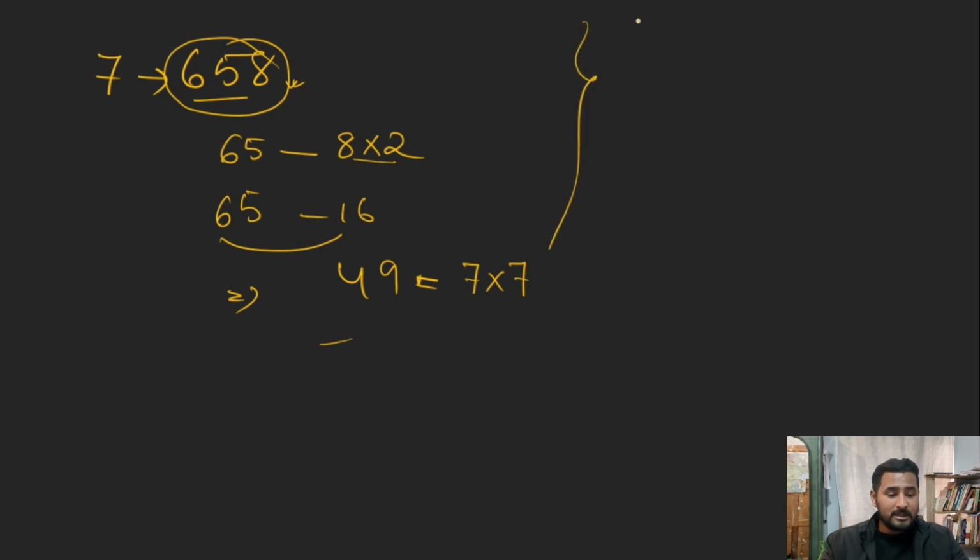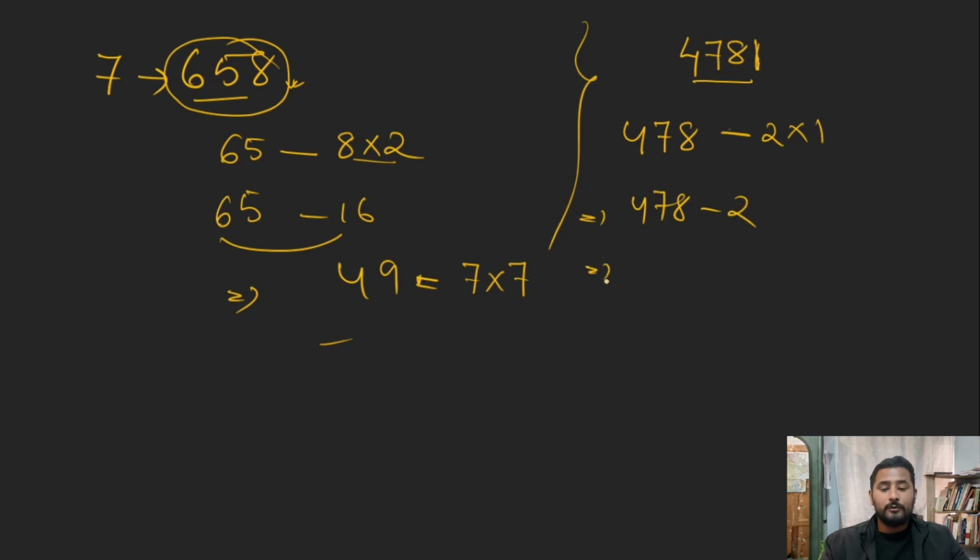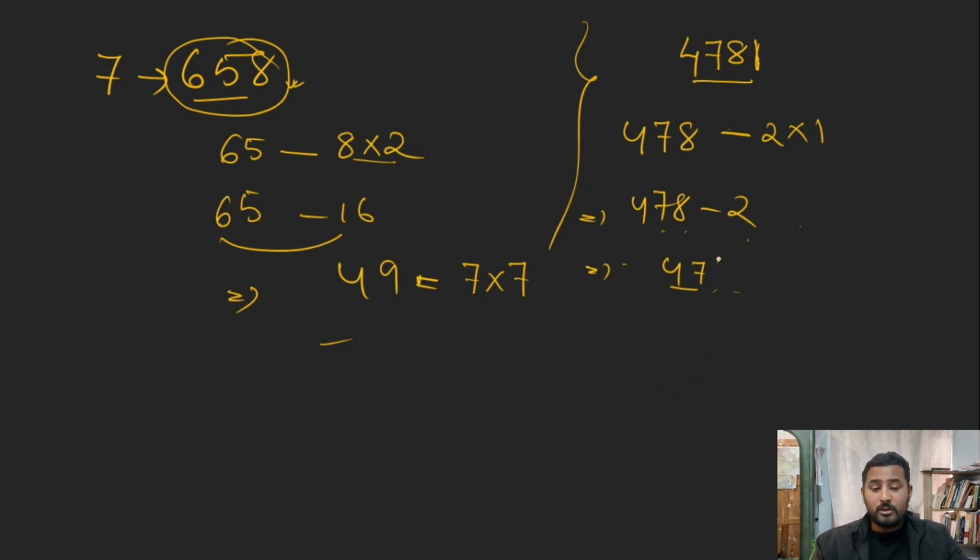Let's take one more example. Say I take 4781. Now what will we do? We leave only the last digit. The rest you write the same way, 478. Then you give minus, then you multiply the last digit by 2, always by 2. So 478 minus 2 into 1 is 2, 476.